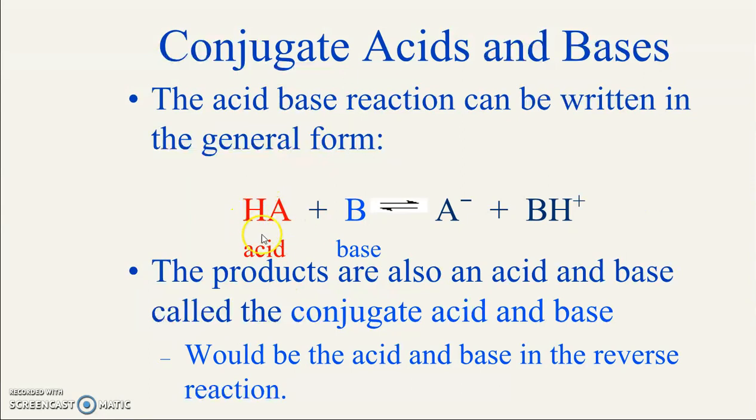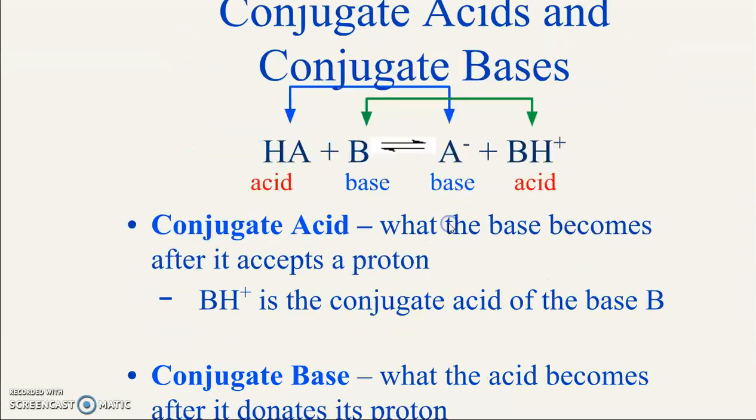If this is my acid, what it becomes on the other side is something that has lost a hydrogen, so that would make it my conjugate base. Right here, if this is my acid, on this side it would become a base. This is my base on the reactant side. It gains a hydrogen, so on this side of the equation, it would be the acid.